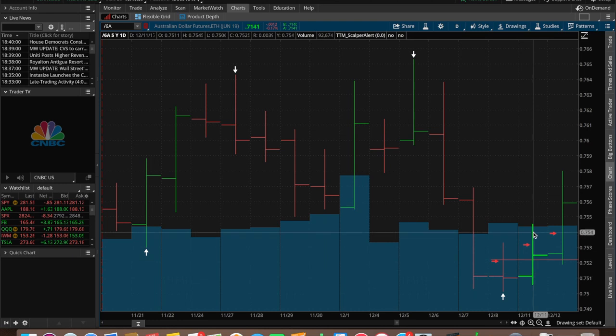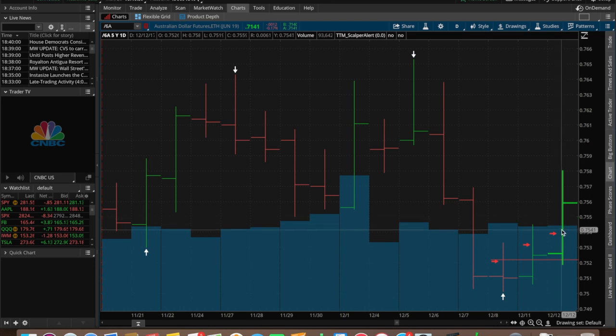After that weekend, from Friday, when the market opened back up on Sunday, this market went to a high of about 75.43. At the end of the day, when this market closed, this would be the forming bar.